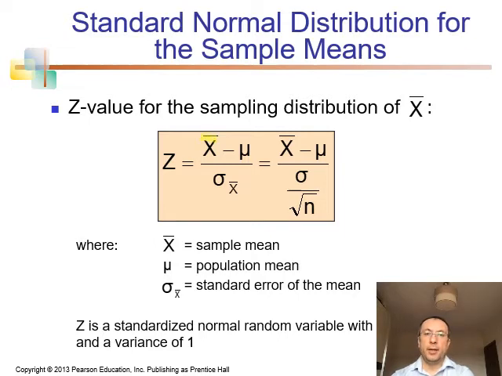You simply take x bar minus mu of x bar over sigma of x bar. Now, mu of x bar is the same thing as mu, but sigma of x bar is sigma over square root of n. So the sampling distribution is also distributed normally with mean equal to mu and standard deviation equal to sigma over square root of n.